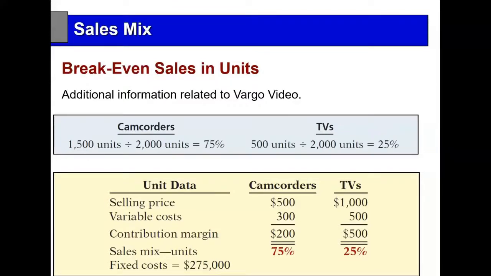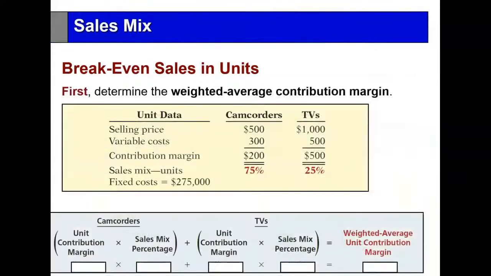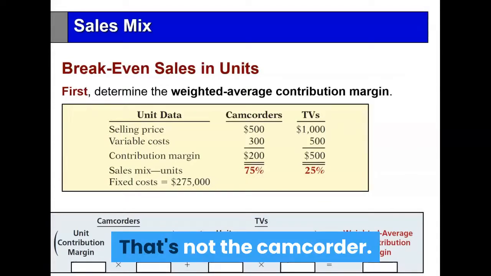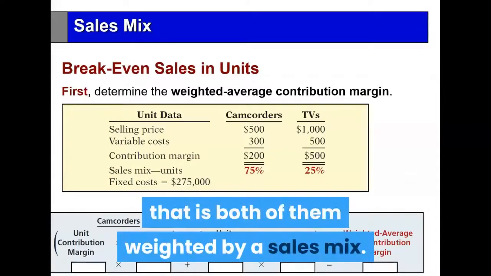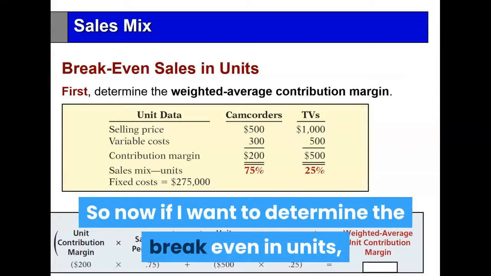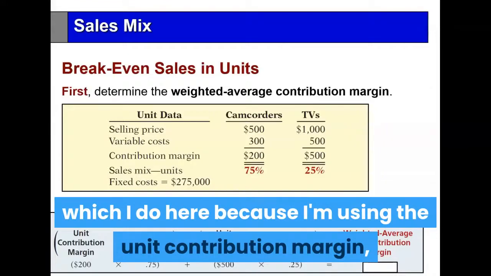They support both. So what we do then is we take the sales mix and the contribution margin for each unit, and we develop a weighted average contribution margin per unit. Take the camcorders: the unit contribution margin is 200, the sales mix is 75%, so I multiply that by 75%.